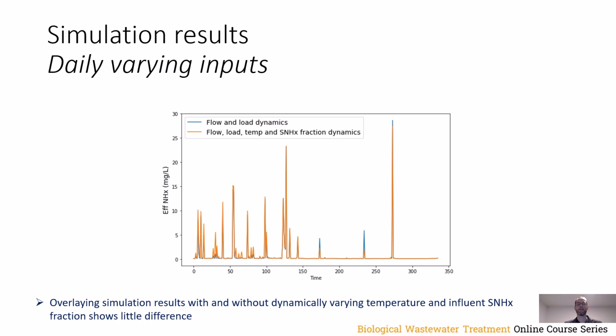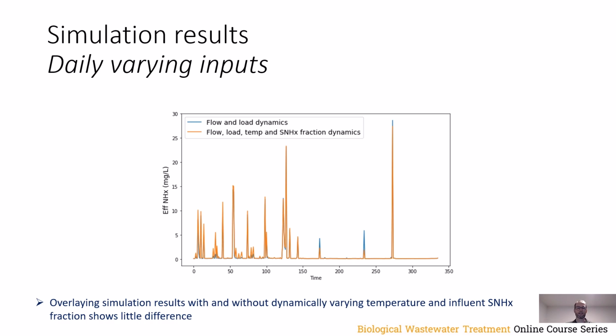You can see here I've plotted in blue the simulation results where we varied flow and loading dynamics, and then in orange the simulation results where we've plotted flow, load, temperature, and ammonia fraction dynamics. And this is often the first place where you would start. You would just plot the results from one simulation overlaid with the results from another simulation.